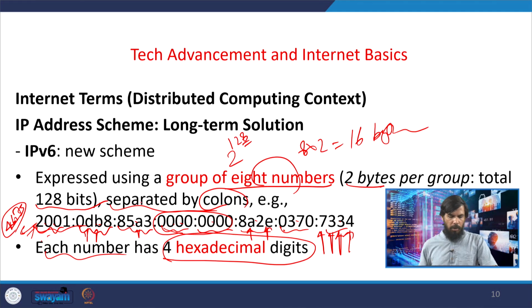So, you would be able to understand that 4 bits are needed for each hexadecimal digit, and in total 16 bits for the 4 digits in a number, and a total of 8 such numbers, right. So, essentially that is how the address is expressed.